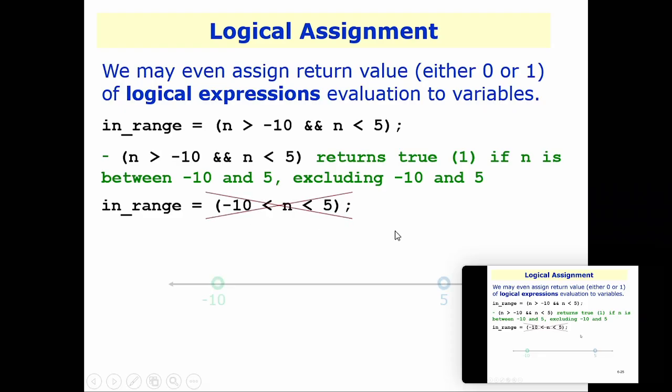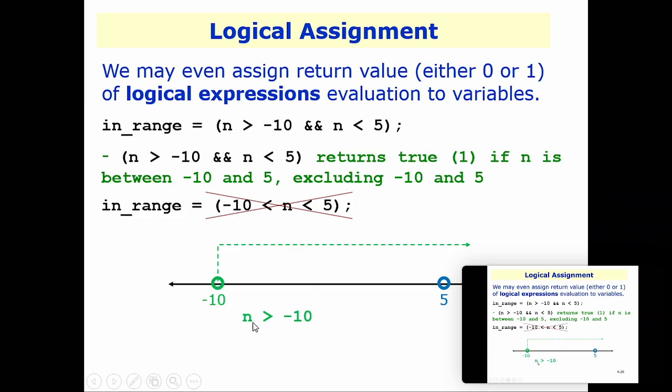How? The first condition is n is larger than -10, like this. Next, n is less than 5. And then you have to use AND, because you have to satisfy these two conditions altogether. For example, your n is 10.